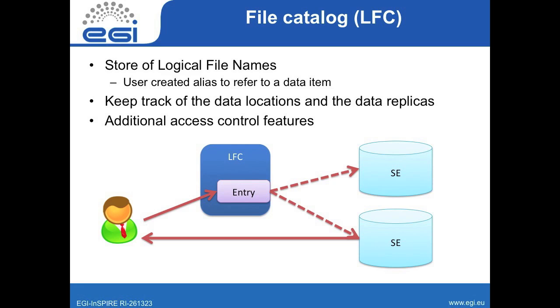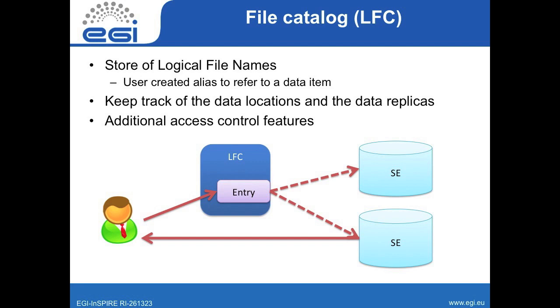It keeps track of the data location and the data replicas, so the physical location of the data. It maps between the logical ID and the physical ID of the data, and it gives additional access control features based on the virtual organization, for example.